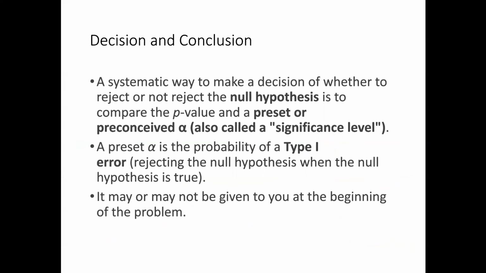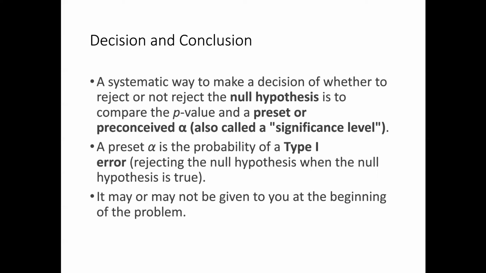So our decision and our conclusion. A systematic way to make a decision of whether to reject or not reject the null hypothesis is to compare the p-value to a preset or preconceived alpha. And again, the alpha is the probability of a type 1 error.